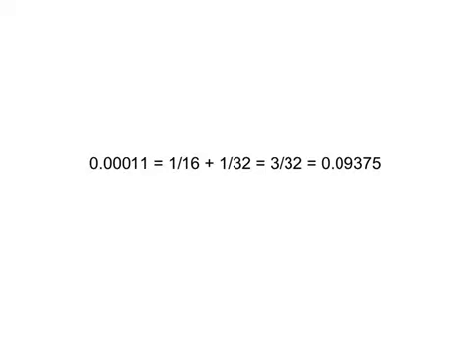So we would still need to add more and more binary digits to get closer and closer to 1/10. So notice that the more digits that you add, the closer you can get to a particular fractional number. For some numbers, it's possible to reach exactly the value that you want.